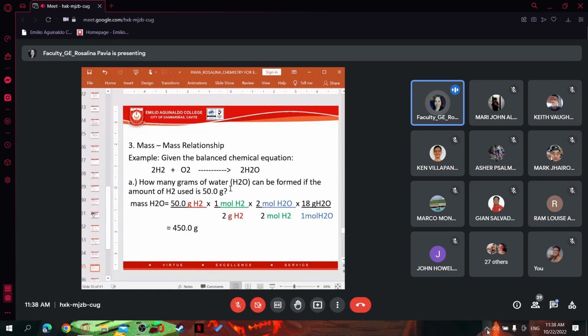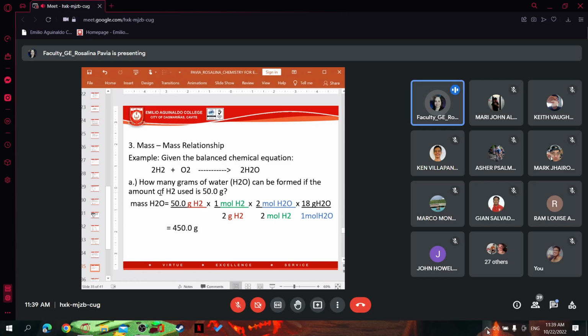Given the balanced chemical equation, 2 moles of hydrogen plus 1 mole of oxygen gives 2 moles of water. Okay.